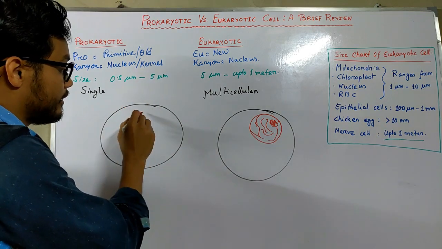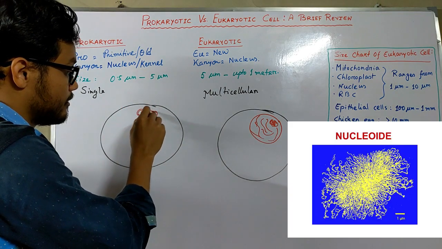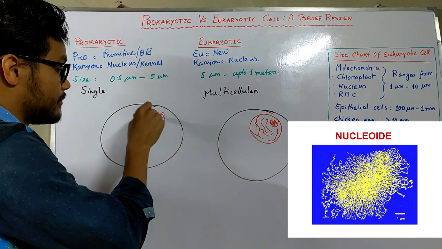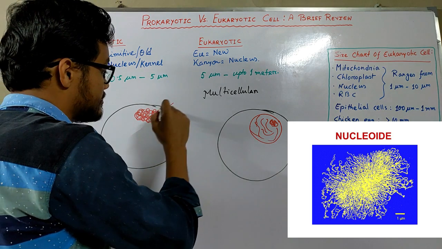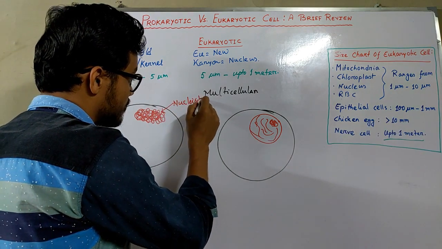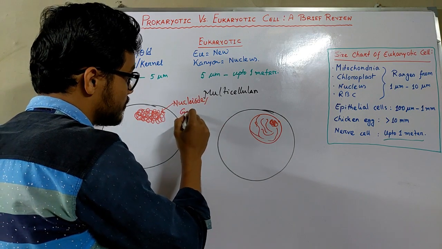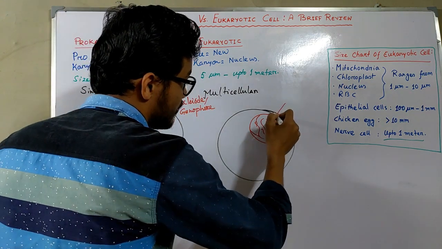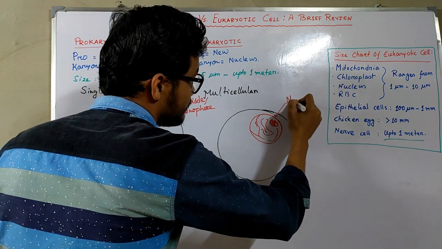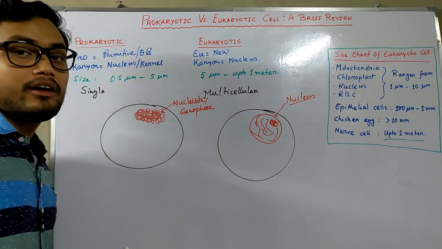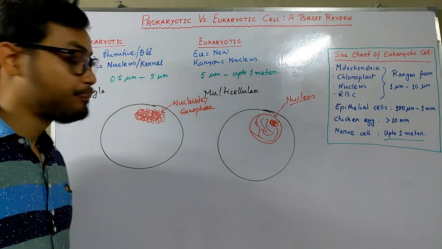Rather, DNA is coiled up in some region of its cytoplasm, and it is known as the nucleoid or genophore. In a eukaryotic cell, we find a nucleus, that is a membrane-bound organelle.